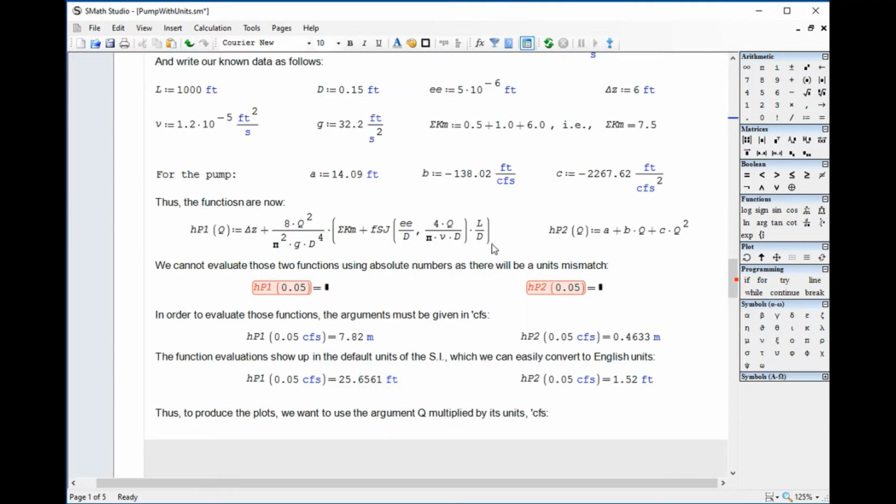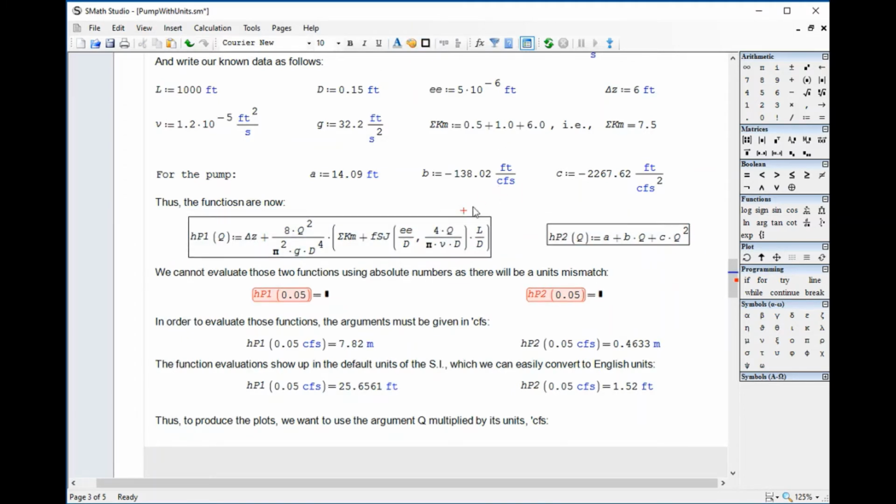But after we have defined our two functions, if we try to evaluate them using an argument which has no units, we get a problem because the units are not going to match. Instead, we need to put the appropriate units in the argument.